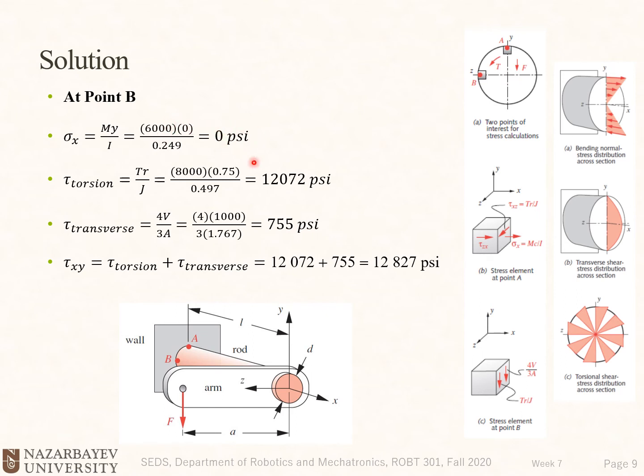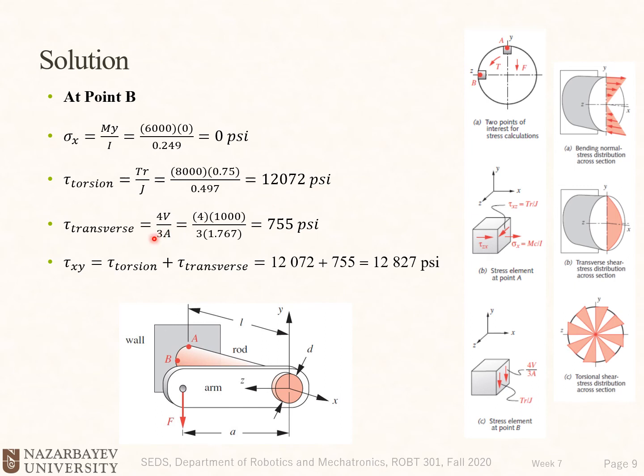So sigma x will be equal to 0. The shear stress because of the torsion torque is TR divided by J, similar to point A, and is equal to 12,072 psi.